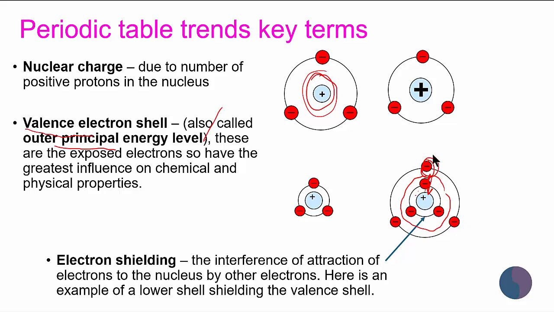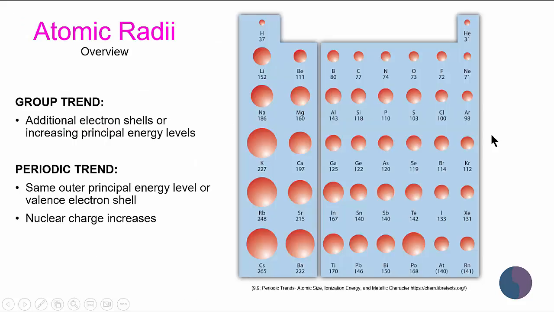Okay, so I think we're ready to move on to the first trend, which is atomic radii. Because we're going to go into a deep dive and talk about a lot of things, I think students get very confused about what's the important thing. So I've started with an overview first. If you're in trouble, just think of these overviews first, the main point. The main point for group trends is that going down, atoms get larger because there are additional electron shells, or increasing principal energy levels.